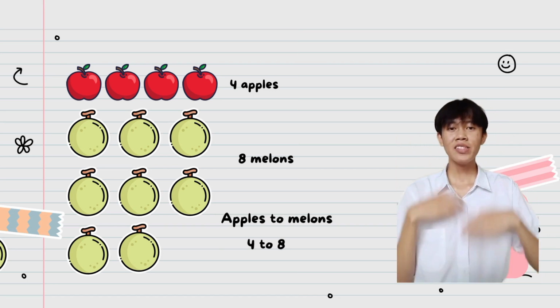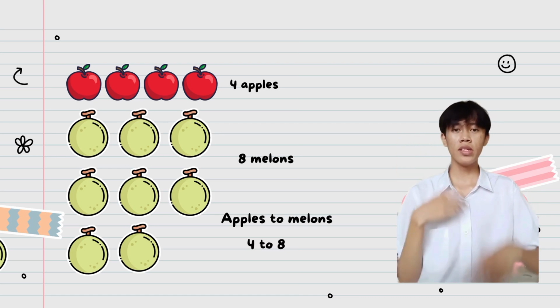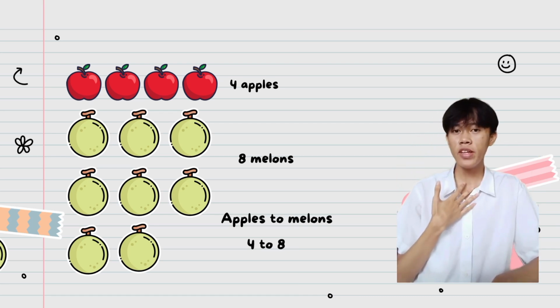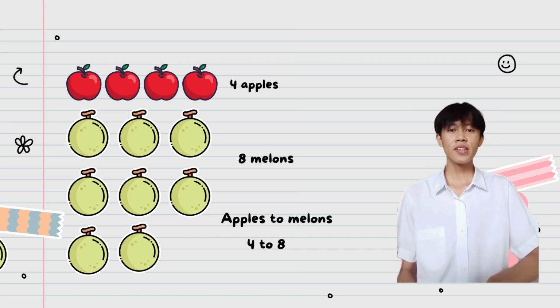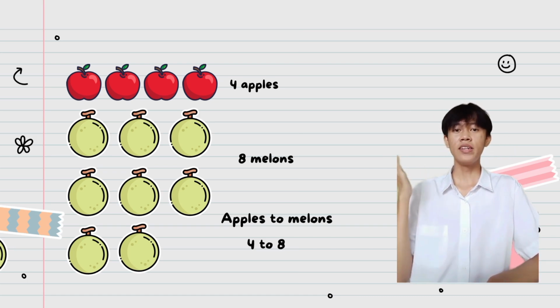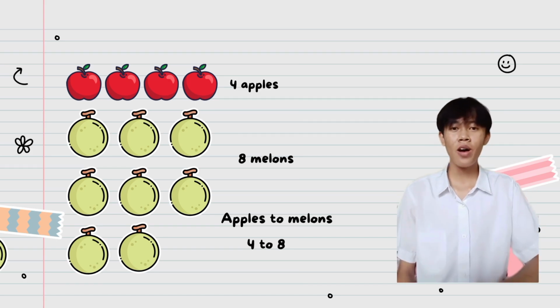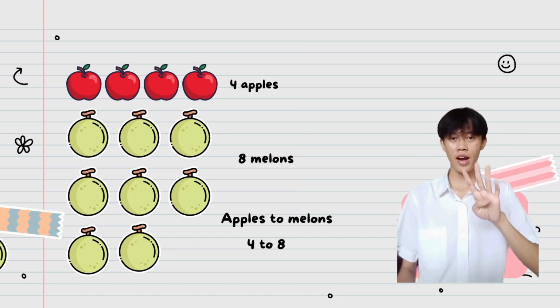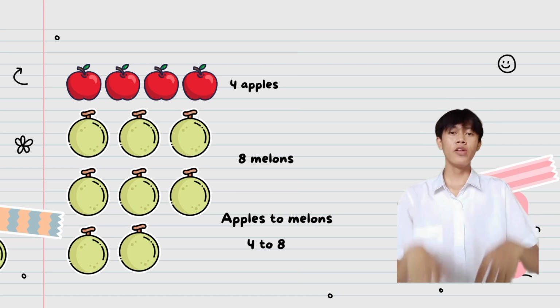Okay, now I can simplify that. It means something to say I have 4 to 8, but it means even more if I simplify it. Between 4 and 8, the greatest common factor, or the greatest common divisor, you could say, will be 4. So if I divide 4 by 4, I will get 1. If I divide 8 by 4, I will get 2.